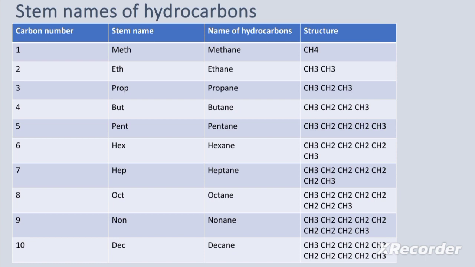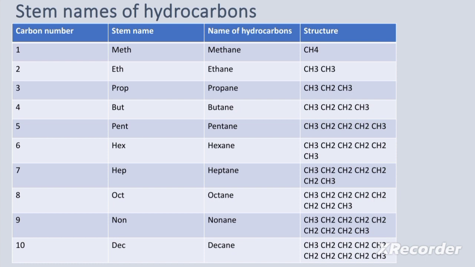Likewise, propane, butane, pentane, hexane, heptane, octane, nonane and decane are the names of the hydrocarbons. Similarly, these stem names are used for other hydrocarbons also.